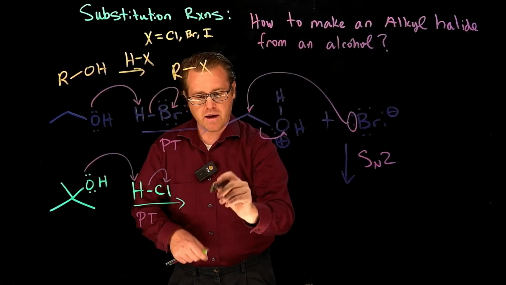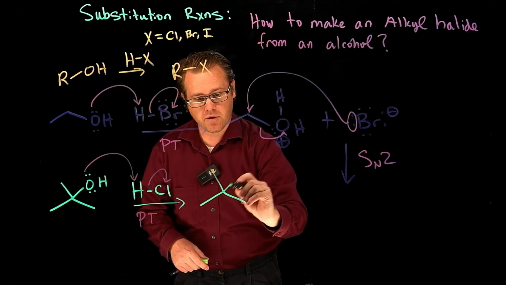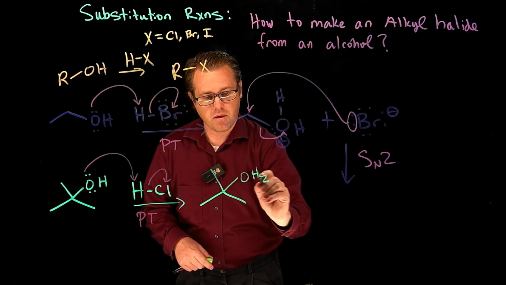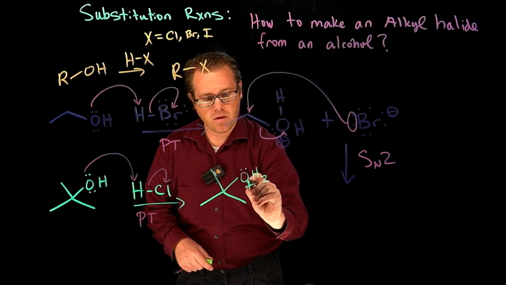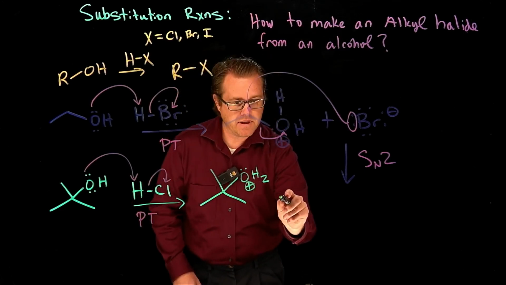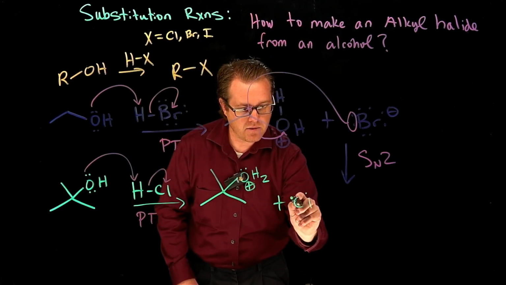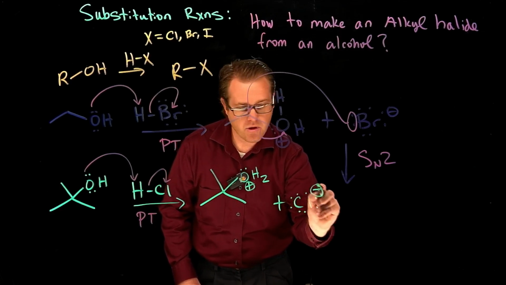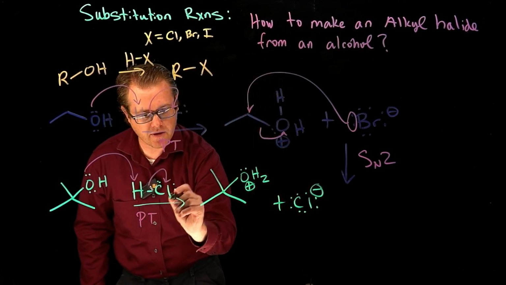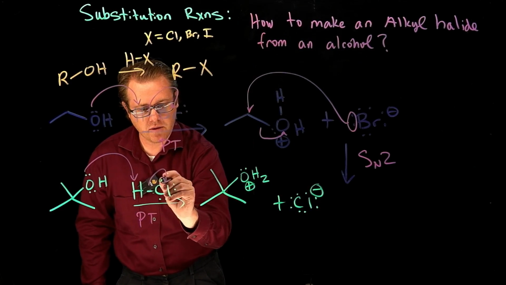That will generate a good leaving group. And we have our chloride floating around. Let's make sure we have our lone pairs there.